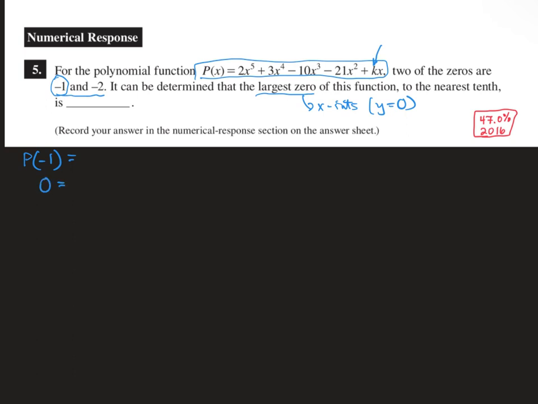Or you can think of it like a point on a graph. That would be an x-intercept, so -1, 0. You put 0 in for y, -1 in for x. It's also the factor theorem.